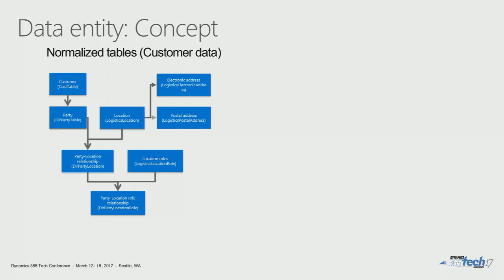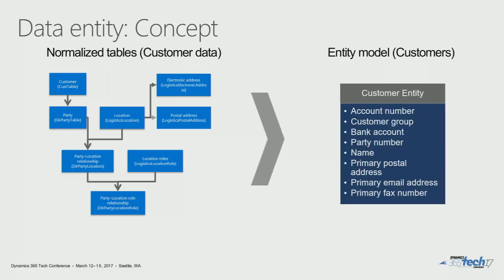This is a typical scenario that we used to see in AX 2012, where we had several tables that we needed to load in order to get just one customer record. In Dynamics 365 for operations, we moved to a denormalized view of data, where we are not looking at the table itself. It's more that we talk about what we see in the form. We are looking for the customer form, and we look for a data entity customer.